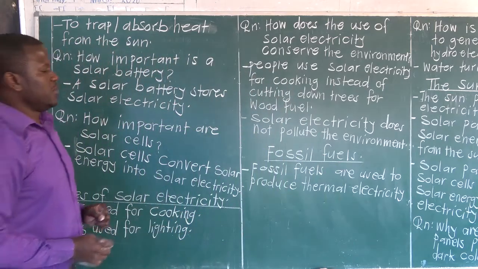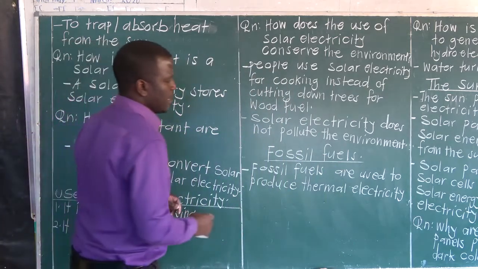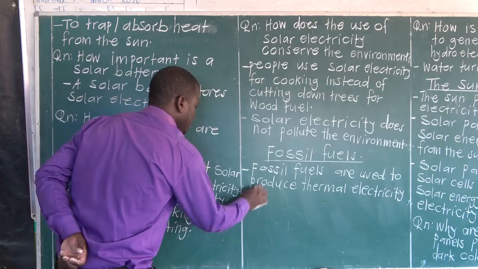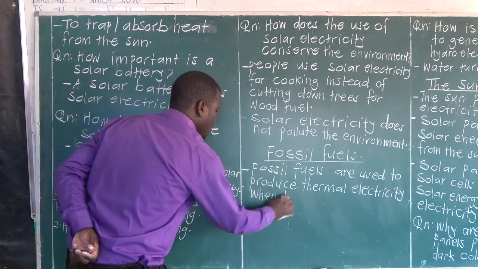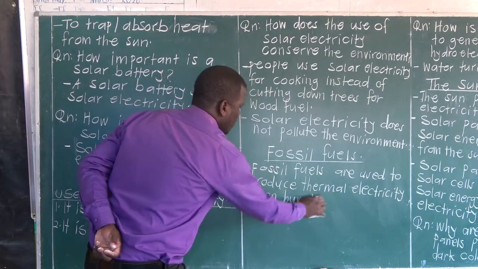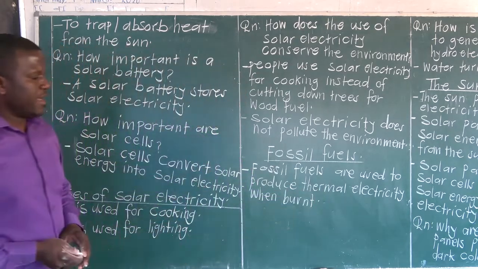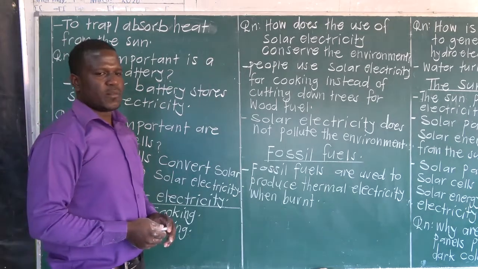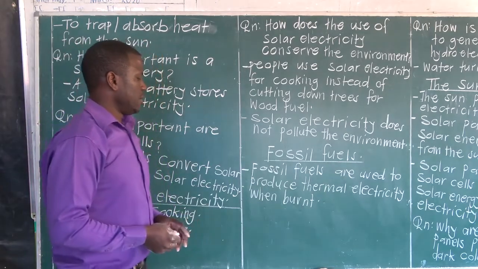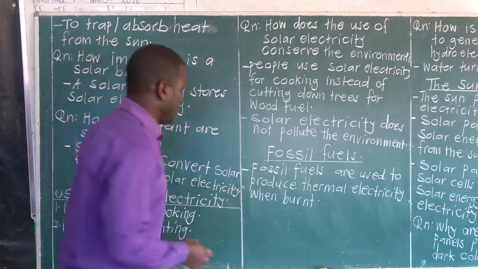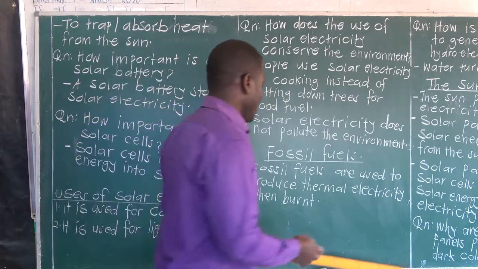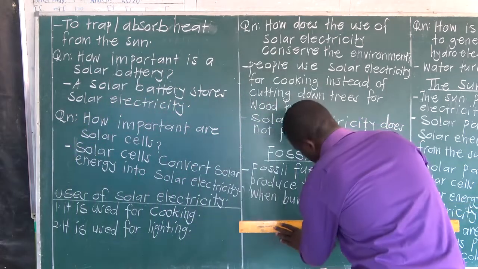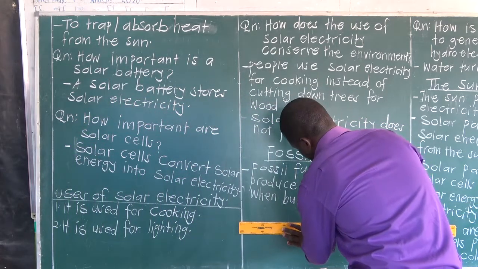Fossil fuels are burnt to produce thermal electricity. We can give examples of fossil fuels. For example, we have coal, petroleum, and natural gas.